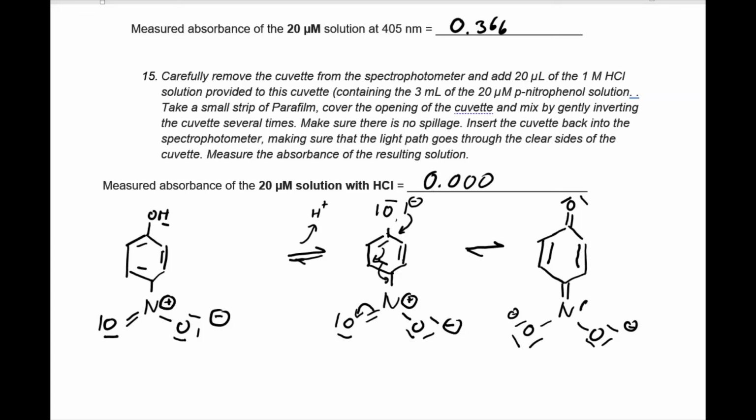And the nitrogen is positively charged. So what we see here is that we've got a double bond here. We've got what is called a quinone structure here. And we've got a double bond here as well. And this molecule, this type, actually absorbs the light at 405 nanometer. And it has to be this structure here.